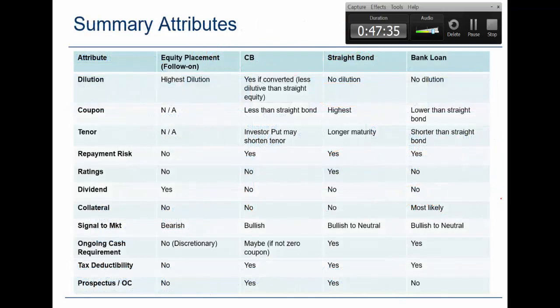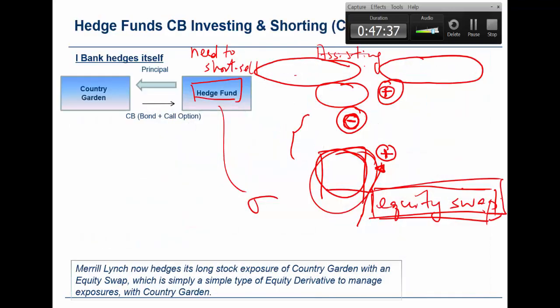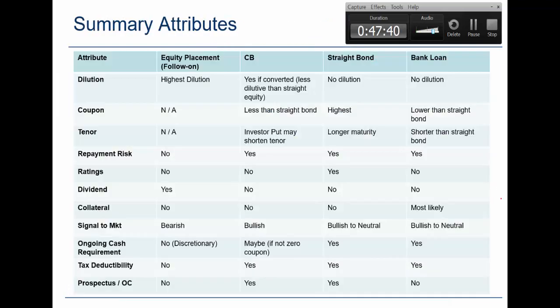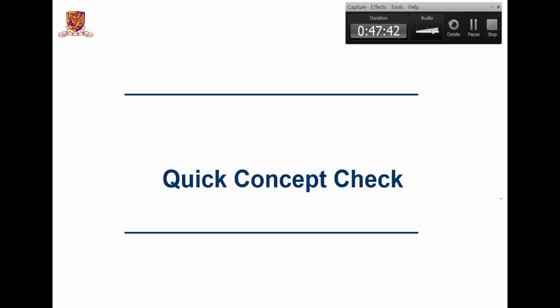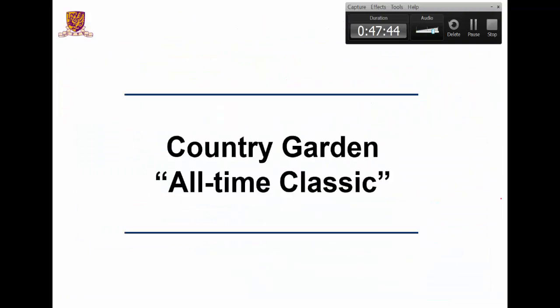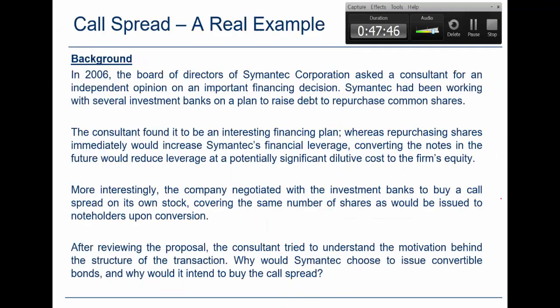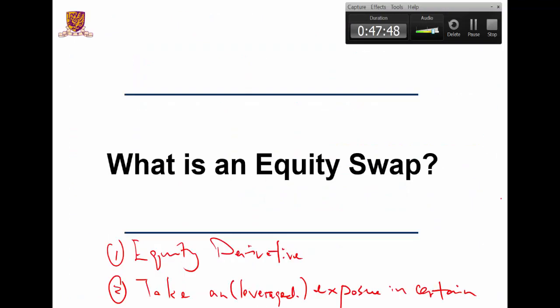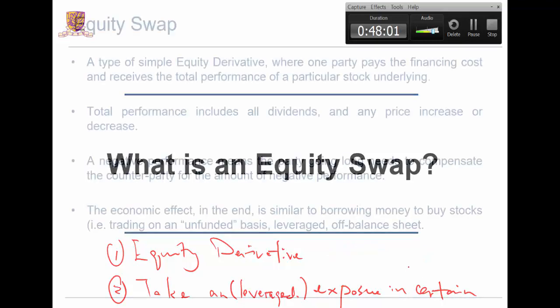You might wonder, what is an equity swap? Now, I actually explained that in an earlier set of slides. Okay? An equity swap is basically an equity derivative which would allow you to take an exposure in some stock markets.